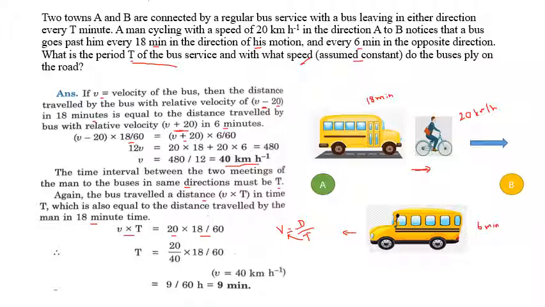T equals 20 divided by V, and we calculated V just before as 40 km per hour. So 20 divided by 40 into 18 divided by 60. So what is the time period? 9 minutes. Is that clear? So this 9 minutes is nothing but the time period T of the bus service. Is that clear?